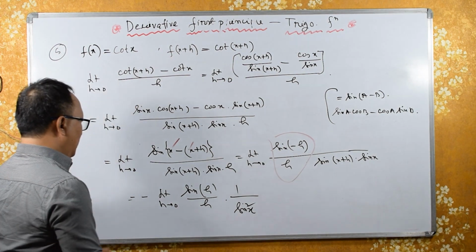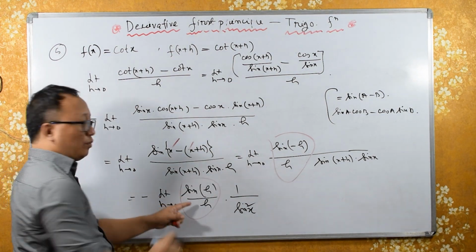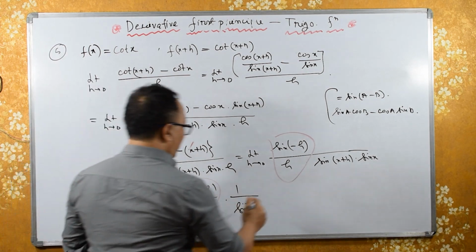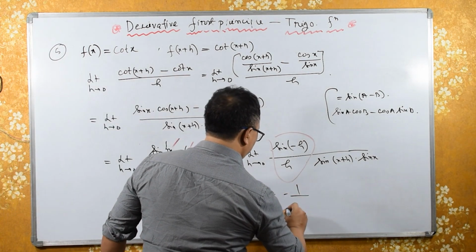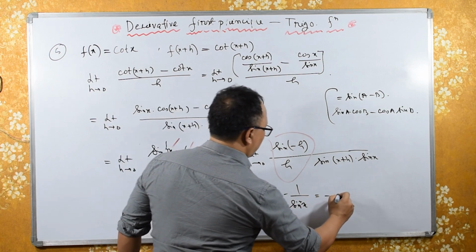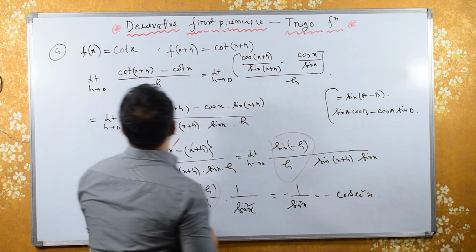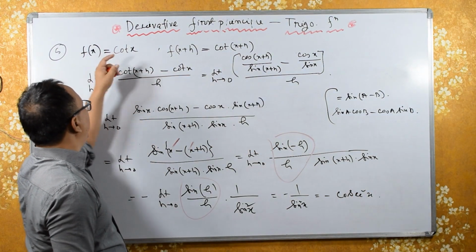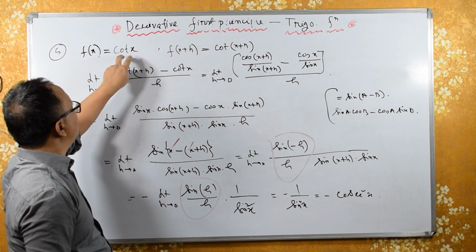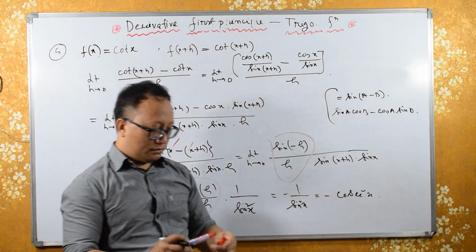Now this whole sine h upon h becomes 1 when h tends to 0. What we have is minus 1 upon sine square x. 1 upon sine square is cosec square x. Therefore, if f(x) equals cot x, the differentiation of cot x is minus cosec square x.